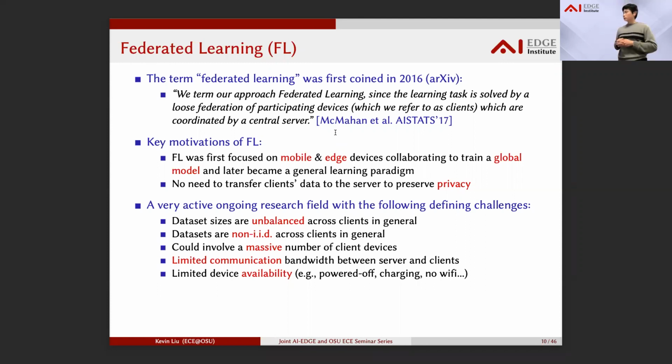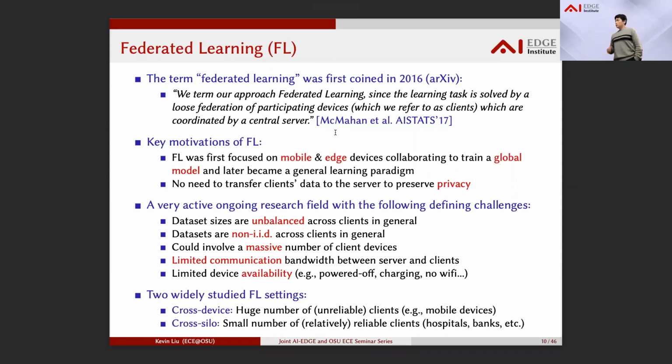And since these are edge devices, mobile devices, the communication capability of these devices could be pretty limited, and also the availability of these devices cannot be assumed at all times. Right, for example, some devices like a cell phone could be powered off. It could be charging, or the Wi-Fi is not available, things like that, right? So a lot of random stuff could be happening.